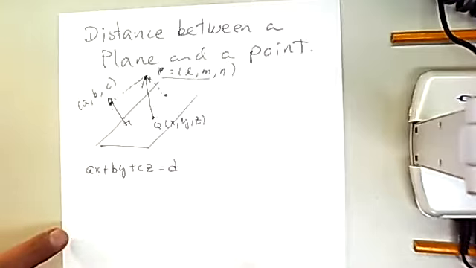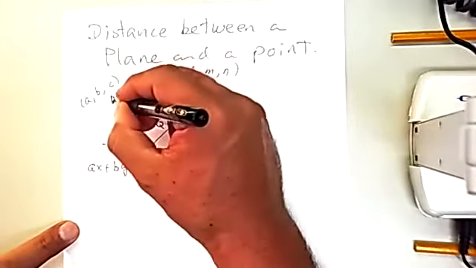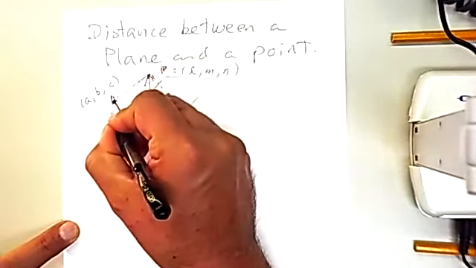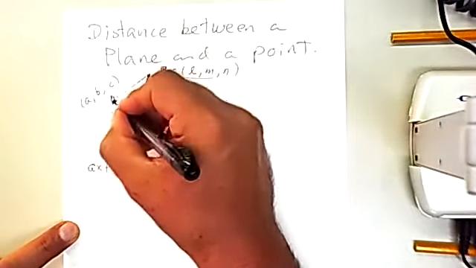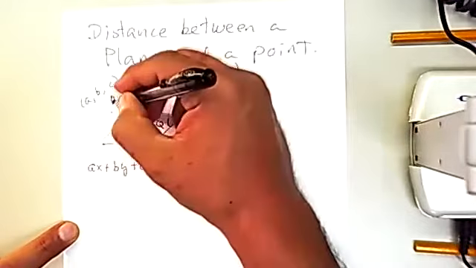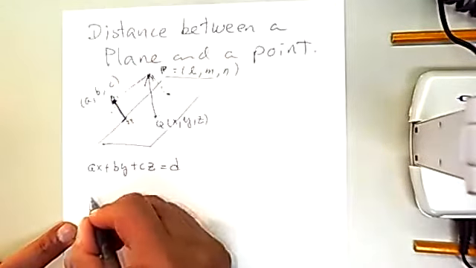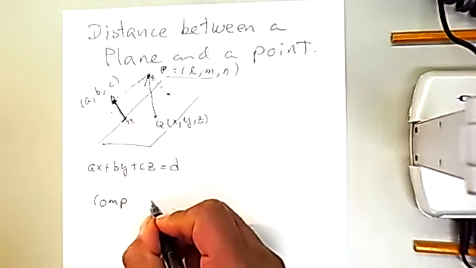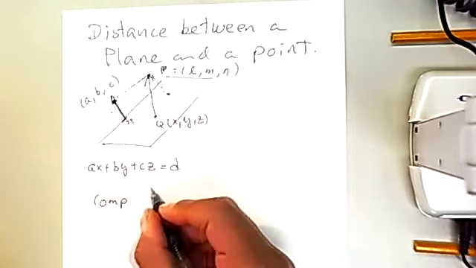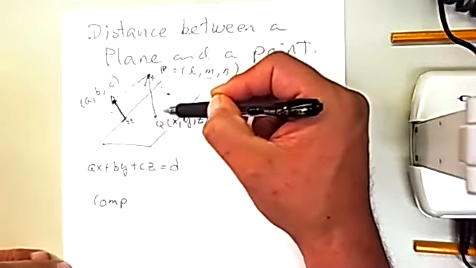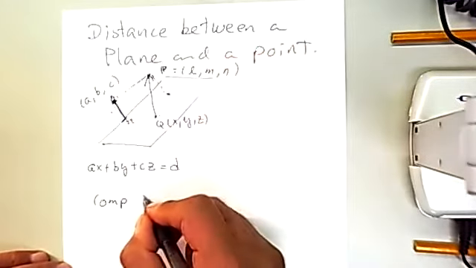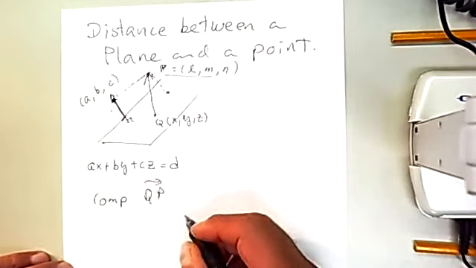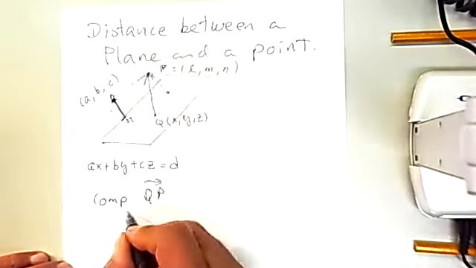So what we want is this distance from here to here. Let's find the component first: the scalar component of the vector from Q to P onto ABC.